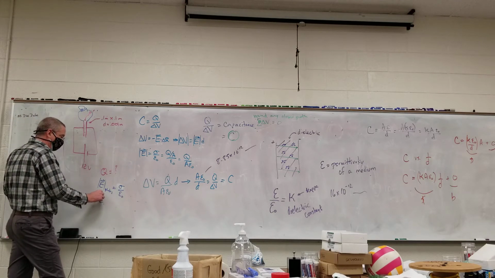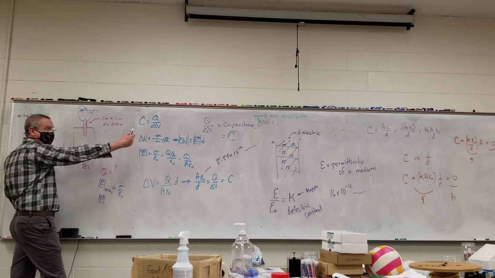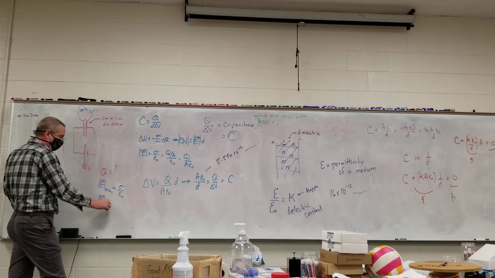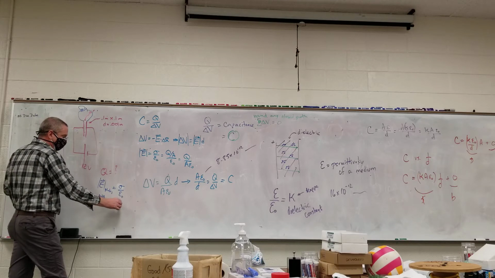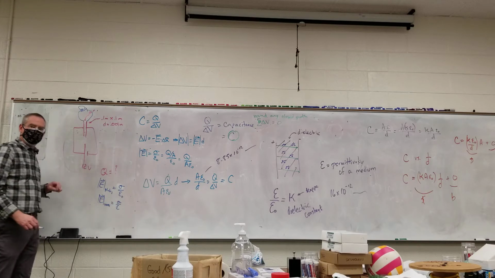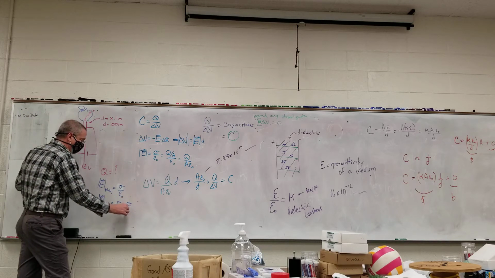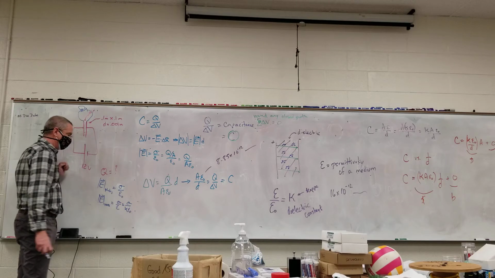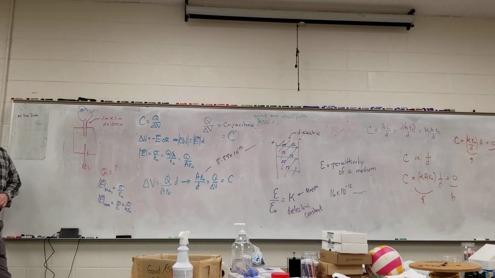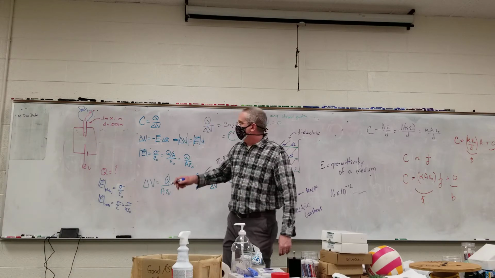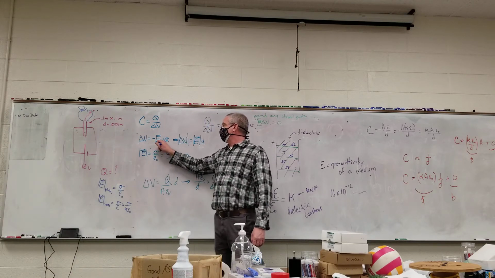Once I bring in the fact that I've got an electric field coming backwards, the total electric field is equal to sigma over epsilon, which is sigma over kappa epsilon sub naught. My V equals E d equation here, this E is the total.